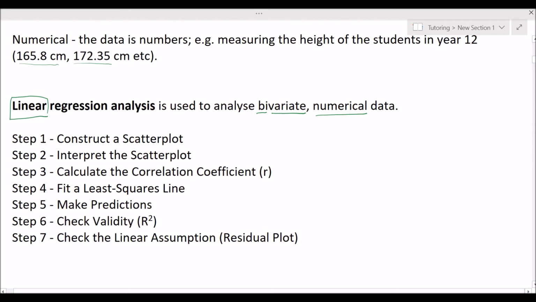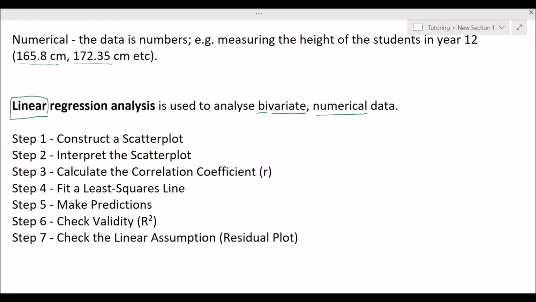That means that the relationship is a straight line. It is out of the scope of this syllabus to really analyze non-linear relationships. We don't really go into that at all, other than to know the difference between linear and non-linear. We'll talk about that as we go through, but just bear that in mind.